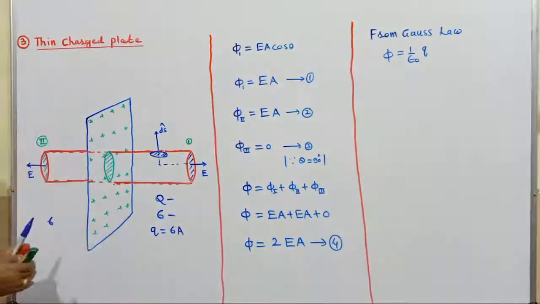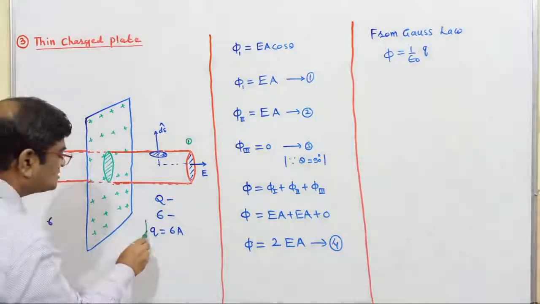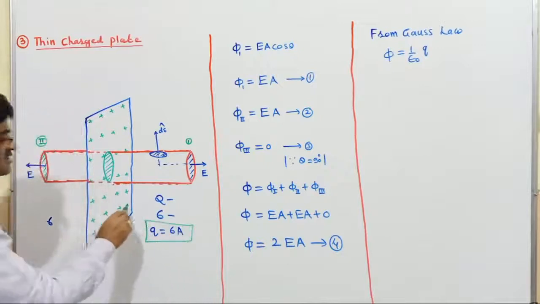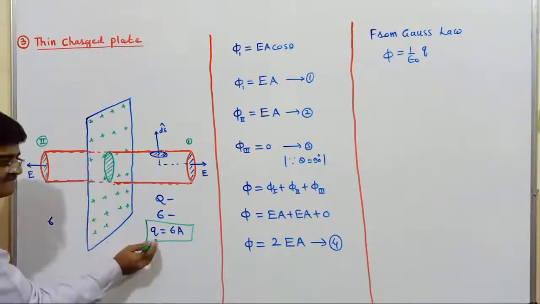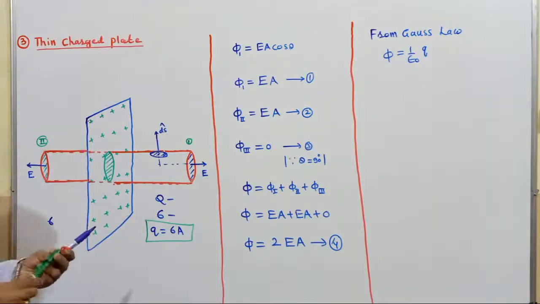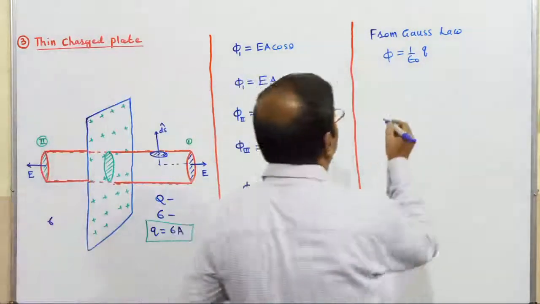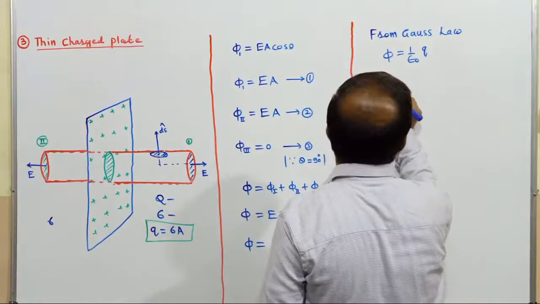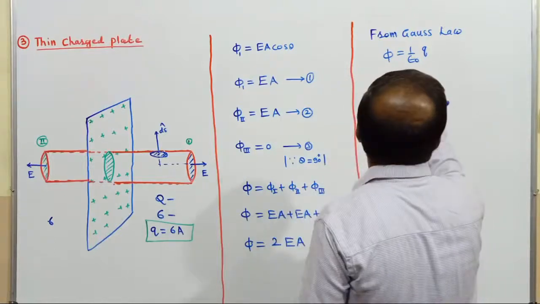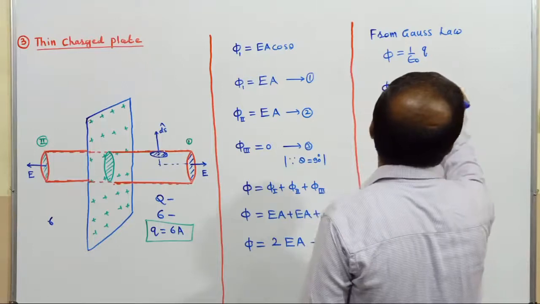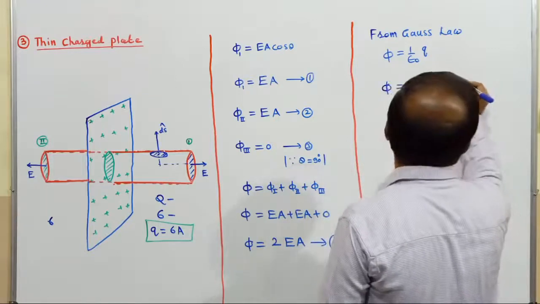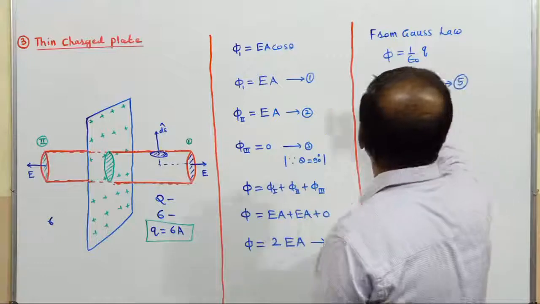So this gives me the charge enclosed by the Gaussian. Look at children, this portion is enclosed. That value I will substitute here, and I get the flux through the Gaussian equal to sigma A divided by epsilon naught. This is my equation number 5.